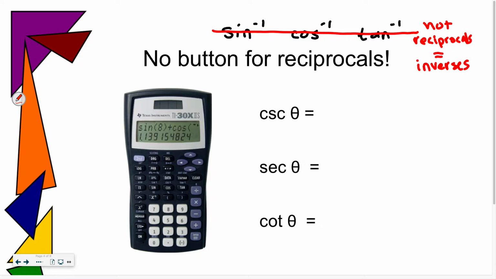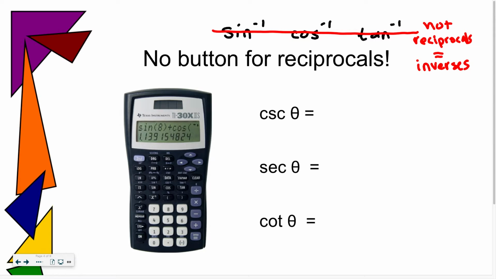And the inverse is not the same as the reciprocal. So there is really no button for cosecant, secant, and cotangent. But you can use the fact that they are reciprocals, right? So what do we say reciprocals mean? We're just flipping things. So cosecant was the reciprocal to which trig function? Sine, for which there is a button on the calculator.